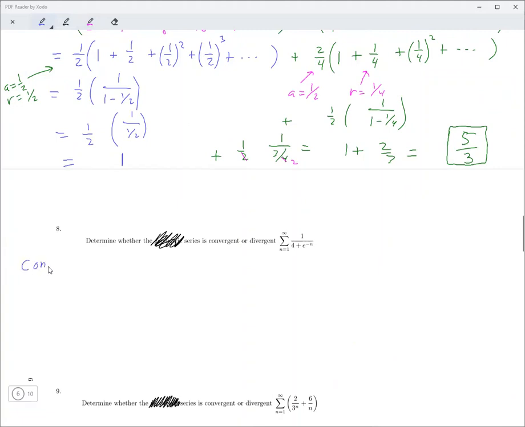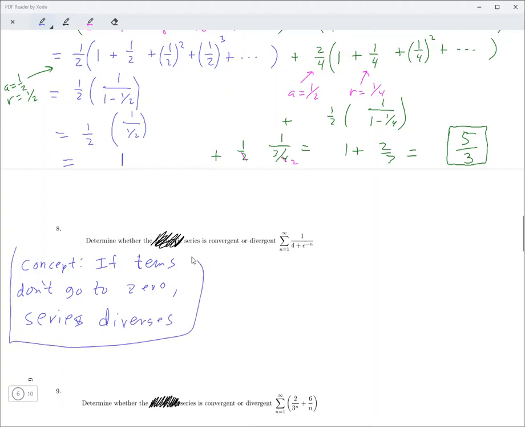So maybe I'll say concept. First of all, if the terms don't go to 0, the series diverges. That's a theorem in mathematics.